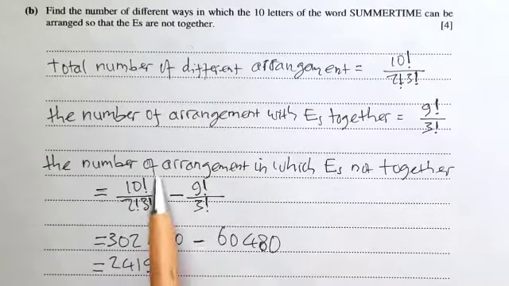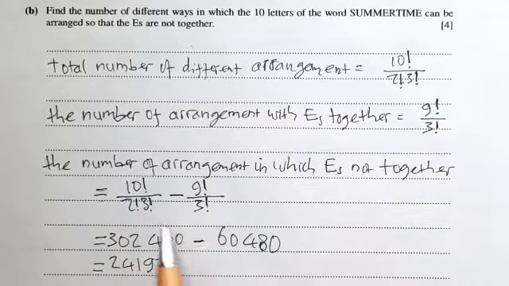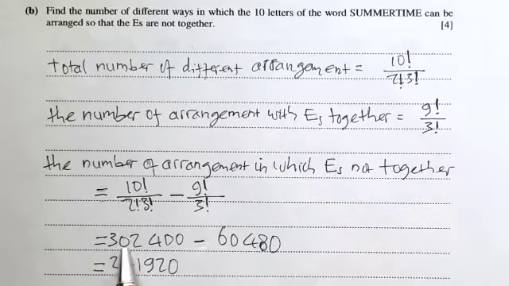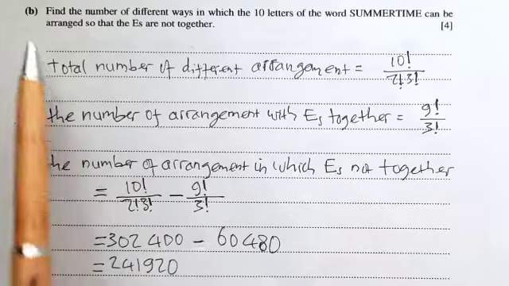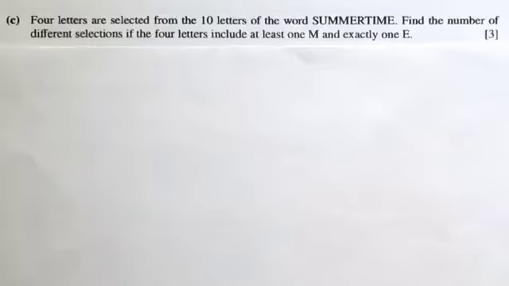Thus enter it in the calculator. We obtain 302,400 minus 60,480. Thus equals 241,920. Thus this is the answer for question B.